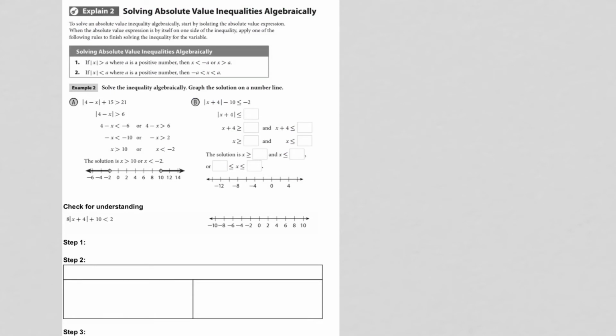So this here, as you can see, I'm using some of the resources from the textbook to help lay out these examples. But they have one there in example 2A that's been fully worked out. They've subtracted 15 from both sides, and they get 6, and then they basically divide their problem into two phases, right?